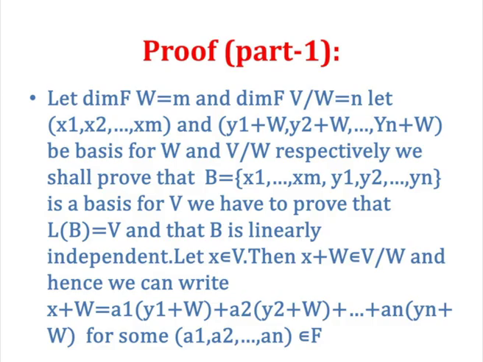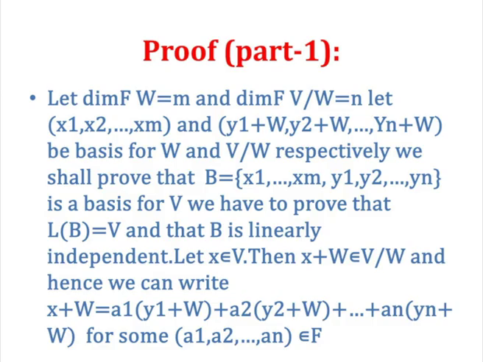Proof. Let dimension of W equal to m and dimension of V/W equal to n. Let x1, x2, ... xm and y1 + W, y2 + W, y3 + W, and so on, yn + W be bases for W and V/W respectively.